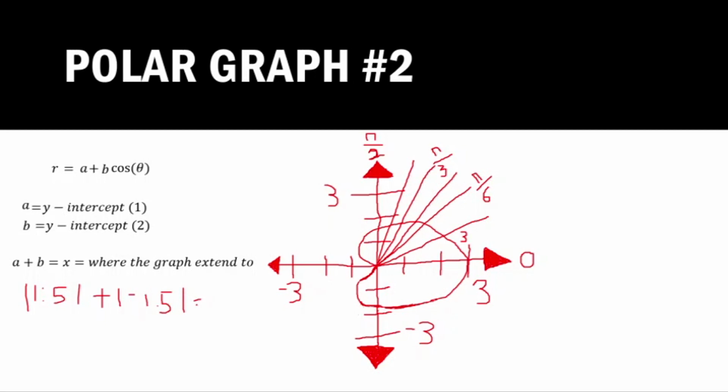It went out 3 units. So in this case, it will be r equals 1.5 plus 1.5 cosine theta.